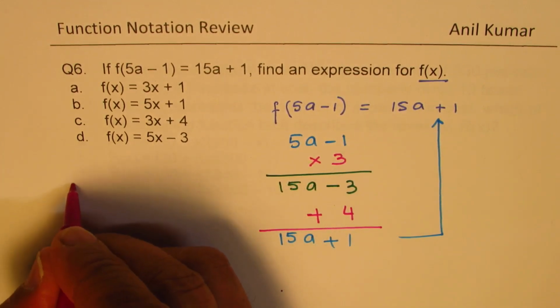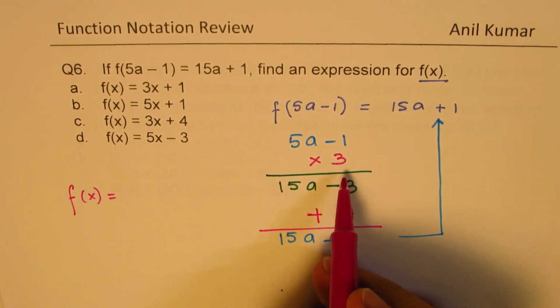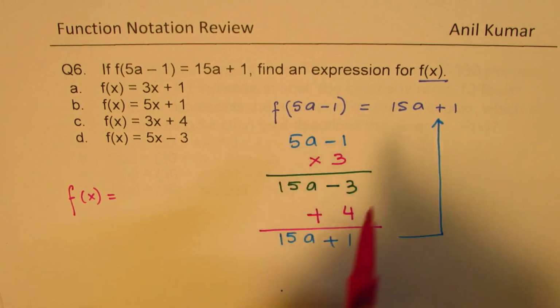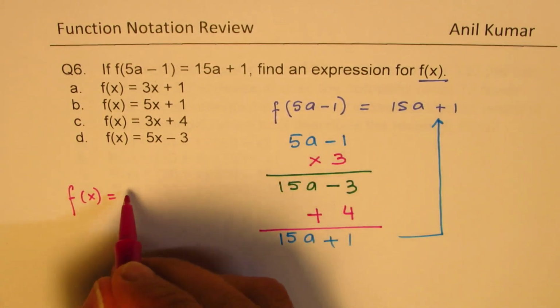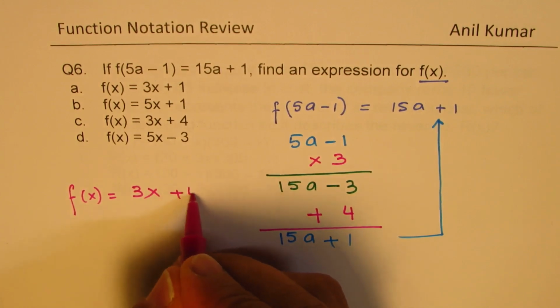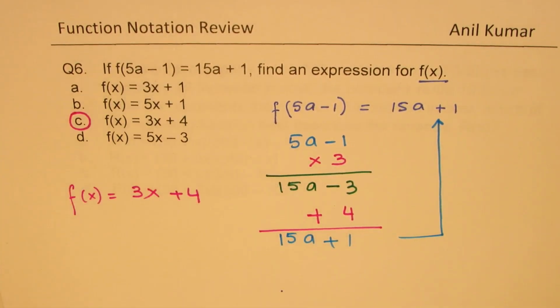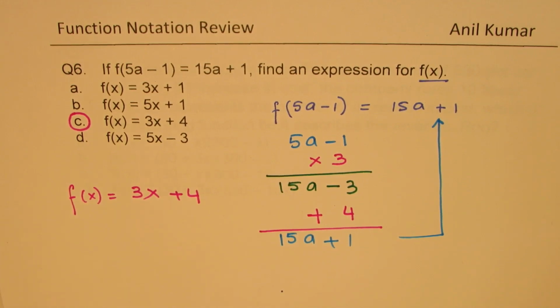That clearly indicates that the function f of x could be written as 3 times x, treating the input as x, and then plus 4. So it is 3x plus 4. Does that make sense to you? We have that option as option C, and that is how we get our solution. This is probably the simplest way of solving such questions. It is a very tricky question otherwise.